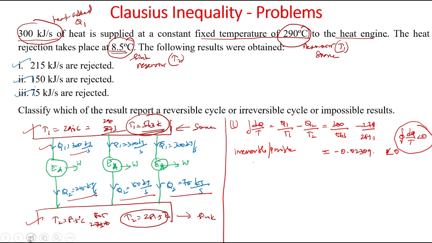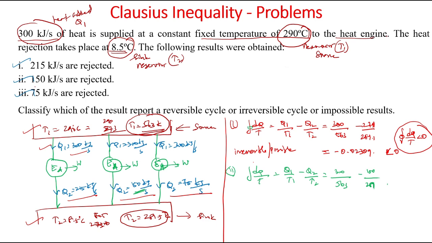Now we move to the second case. Again, the cyclic integral of dQ by T is equal to Q1 by T1 minus Q2 by T2. Q1 is the same for all the cases, 300 divided by 563. Q2 differs; here it is 150, divided by 281.5.